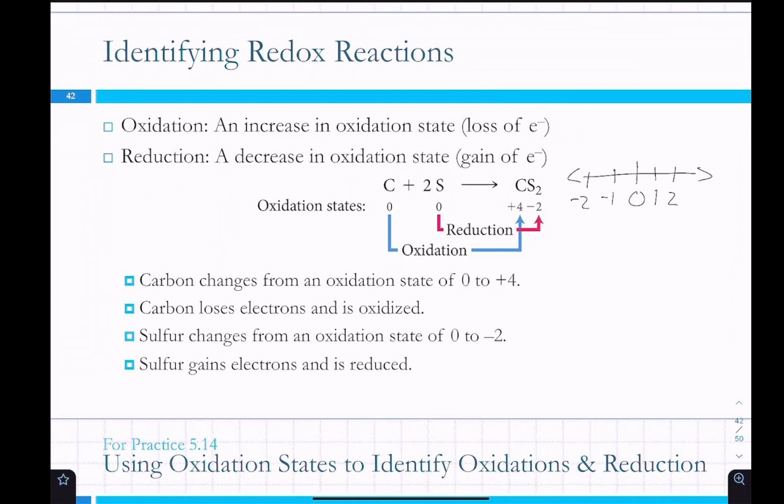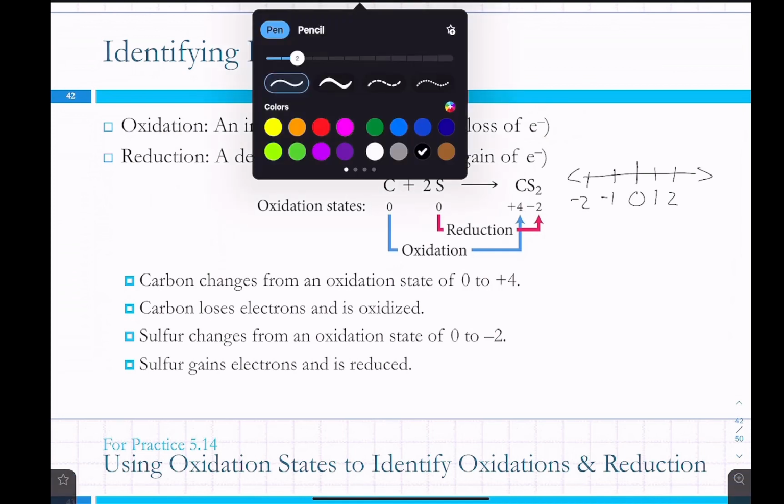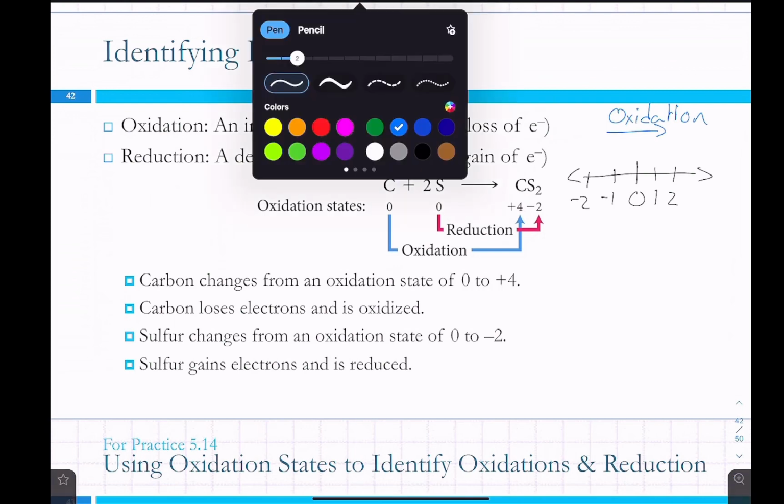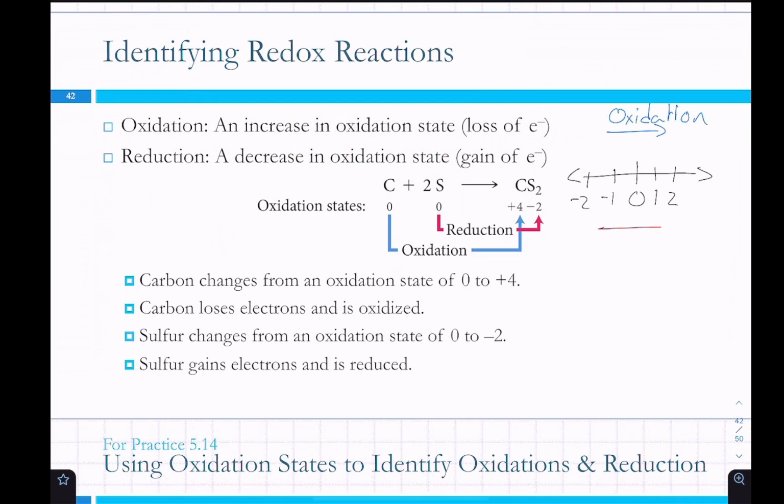If the oxidation state is going to the right, becoming more positive, that's oxidation. It's becoming more oxidized, increasing the oxidation number. And if it's going to the left, it's being reduced. Becoming more negative means it's being reduced, or a lower oxidation state.